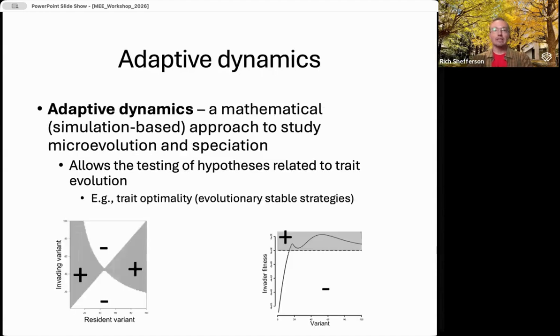In terms of adaptive dynamics, I'm referring essentially to a mathematical simulation-based approach to study microevolution and speciation. Most commonly, it's used to test hypotheses of trait evolution, and in particular to look for things like optimal trait values, like evolutionary stable strategies, or to predict how natural selection might act in a population.